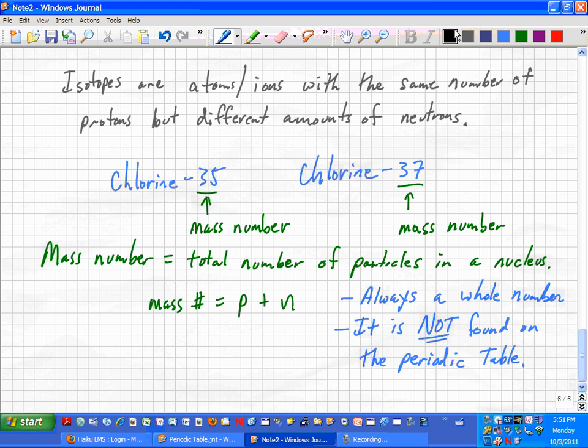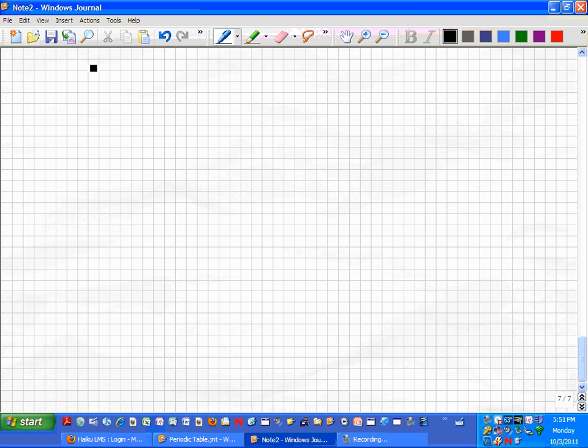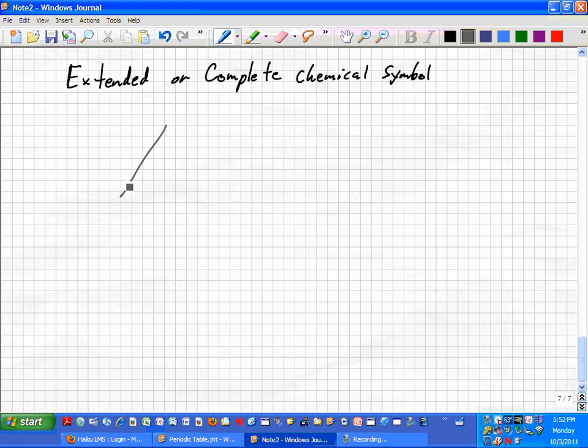Might be a good time to take a look at symbols. Let's go ahead and get a new page here. This is something called an extended or complete chemical symbol. What you've got is some sort of general symbol.